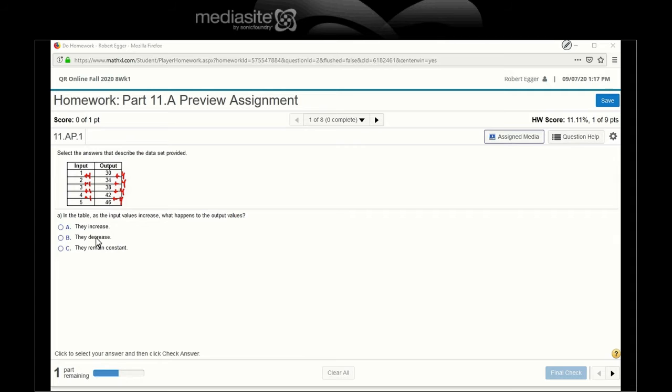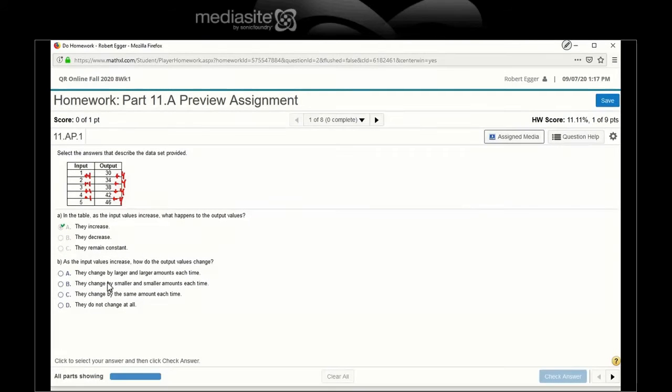It's not staying the same, it's not going down, it's increasing. As the value increases, how does the output value change? They change by larger and larger amounts? Well, 4, 4, 4, 4 looks like they're staying the same. Not small. They change by the same amount each time. Not at all. C.